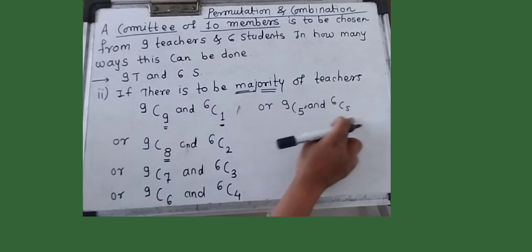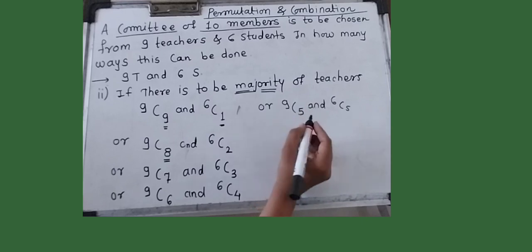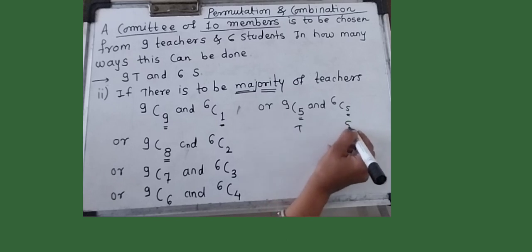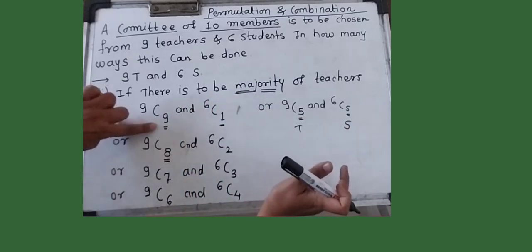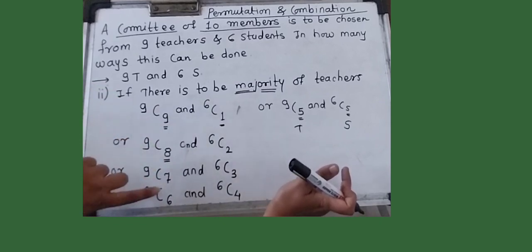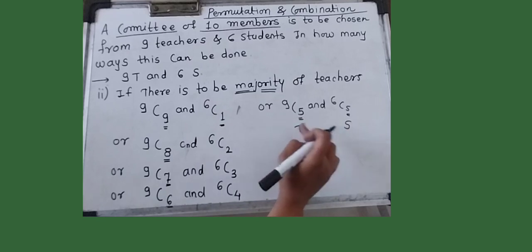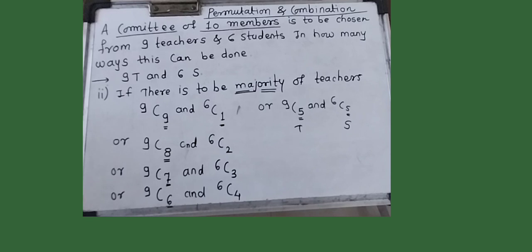Here the condition fails. How does it fail? Because 5 equals 5, teachers equal students, and what is our condition? Majority of teachers we want. Here majority of teachers, here also, here also, but here equality is there. So we are not taking this condition. Up to this our answer is correct.